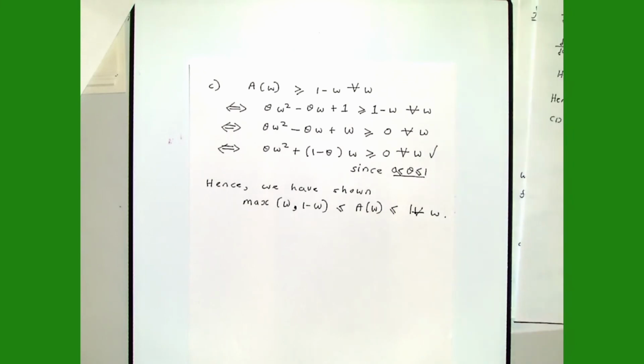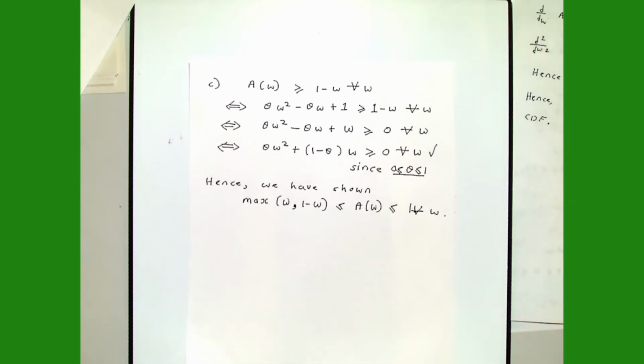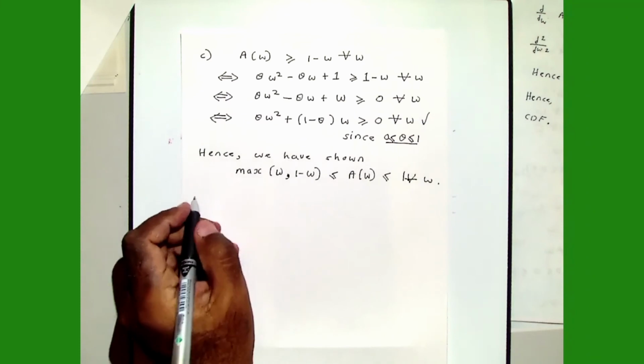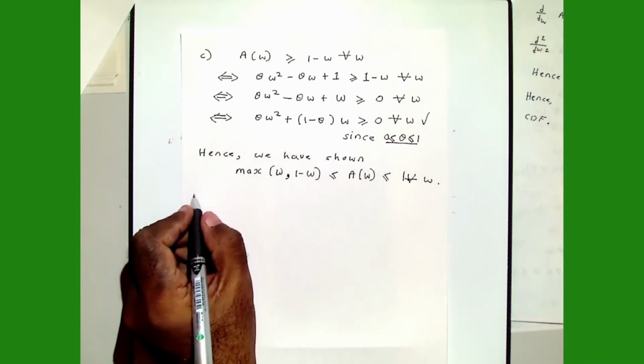So there is only one more condition that we need to check, right? Which is that A must be a convex function.